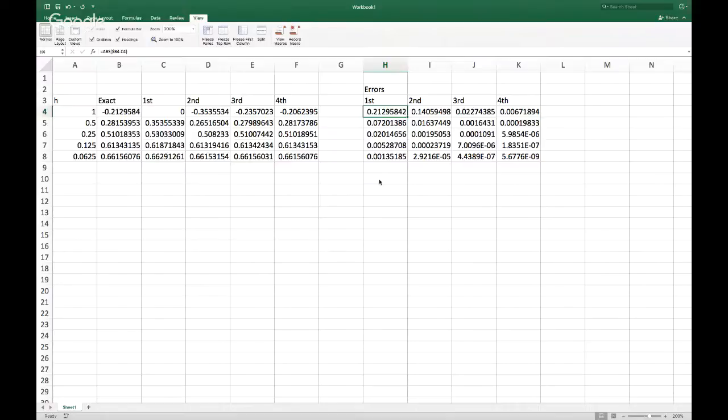Okay, so what I could do here is for the first order, I'm going to take the log of the worst error, which is the one at the top, so the error for h equals 1, minus the log of the error for h equals 1/16, I think it is. So what's the difference between the log of that and the log of that? I'm going to divide that by the difference between the logs of the h's.